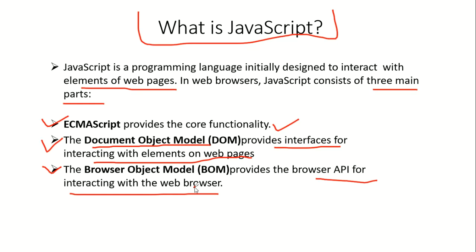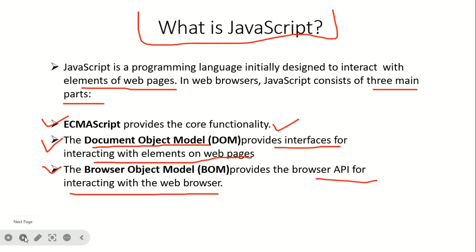This is how the three main parts work. These three you are going to learn in JavaScript. If you understood these three main parts clearly, your JavaScript is done.